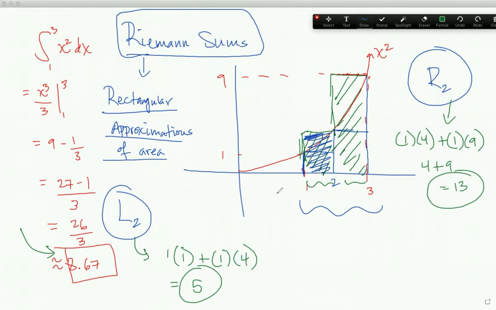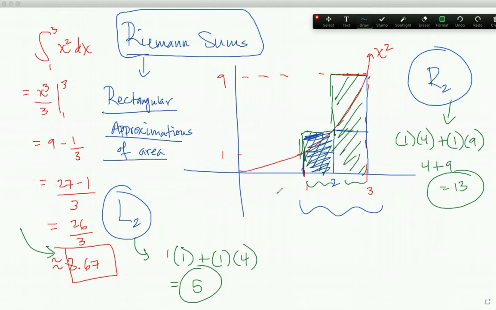Now, question: does left Riemann always under approximate and right Riemann always over approximate? No. Why not? So the function can change. Exactly. If you just flip it.